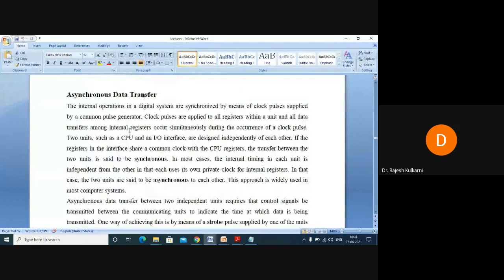Now, coming to the most important topic, which is very easy and very interesting also, that is called asynchronous data transfer. For that, you have to take some generic examples to connect with the literal meaning of asynchronous or synchronous data transfer.